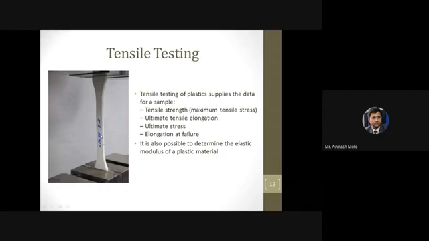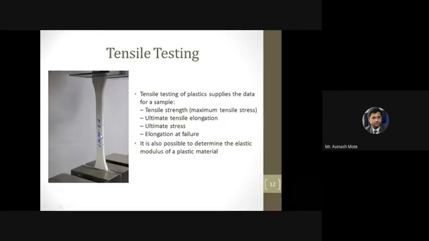Is the stress strain curve the output of this particular tensile test, which will show the behavior of this particular material? Are you going to get the stress strain curve directly from the tensile test? Now answer me.